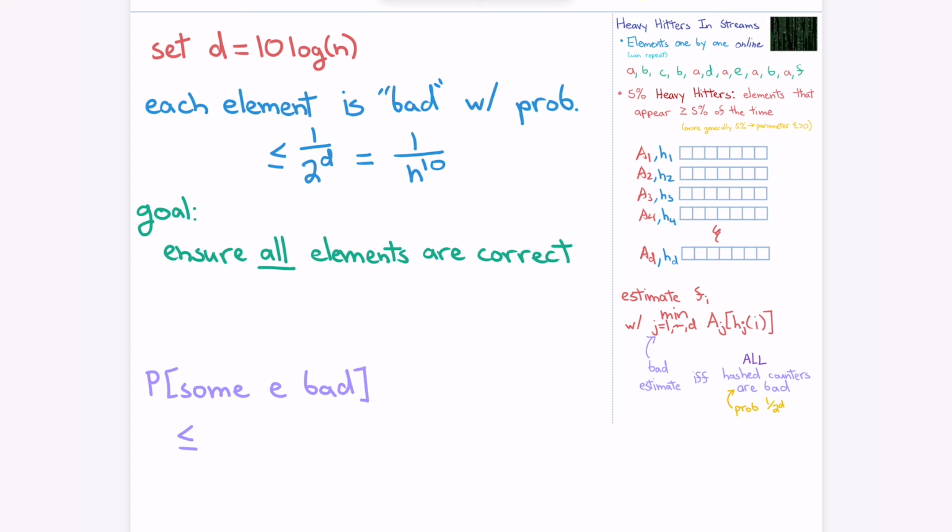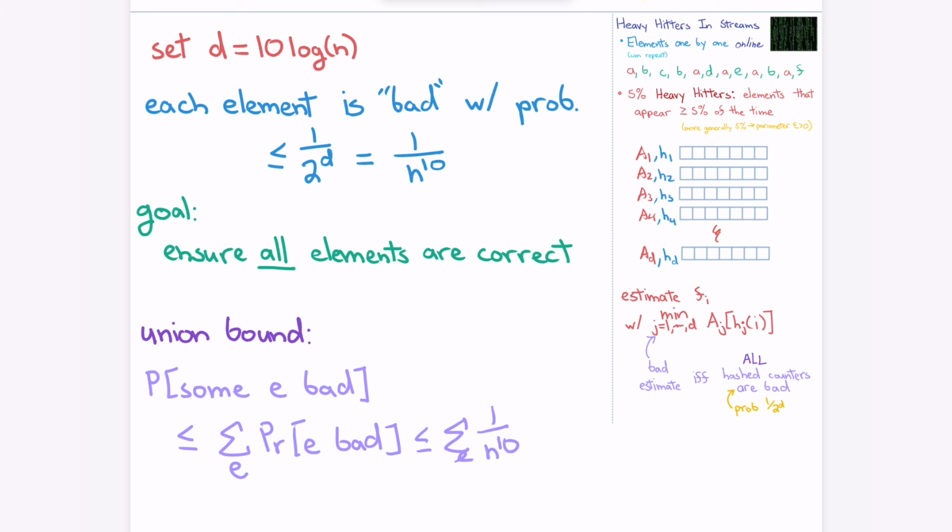So by the union bound, we can look at this sum. Summing up over all the elements, what are the odds of E being bad? Something like, summing up over all the E, 1 over n to the 10. There's only n elements, so you end up with 1 over n to the 9.